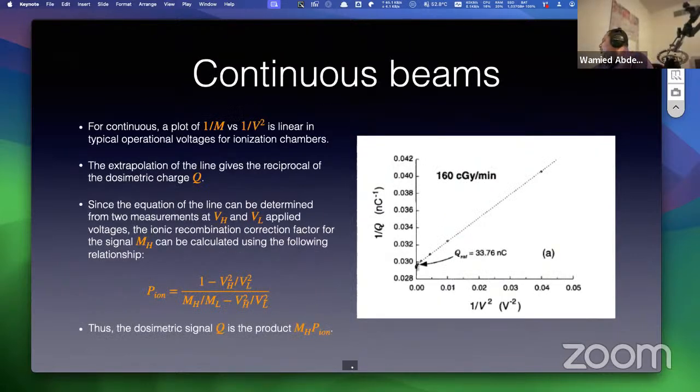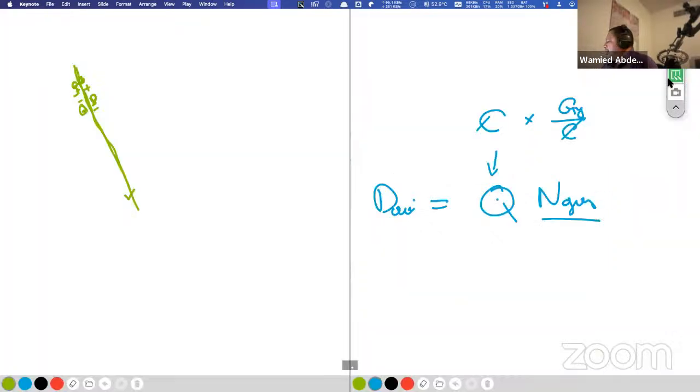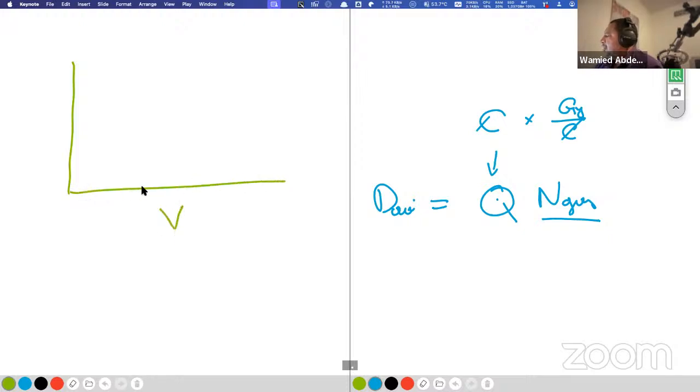So if we had a plot, in general, with voltage and charge, and imagine we have a steady beam, the beam is the same, the ionization produced in the chamber is the same, and all we're doing is looking at the signal that we're collecting as a function of voltage.